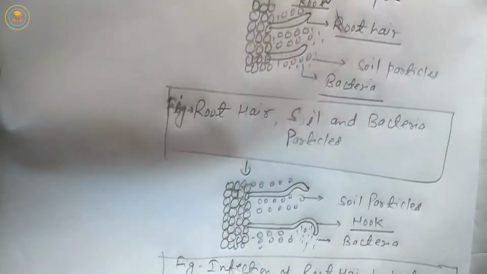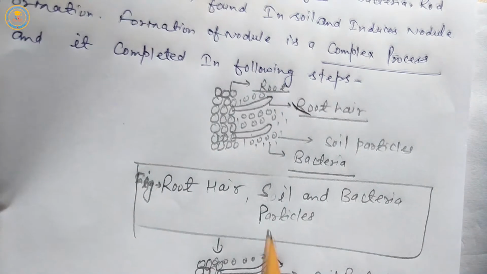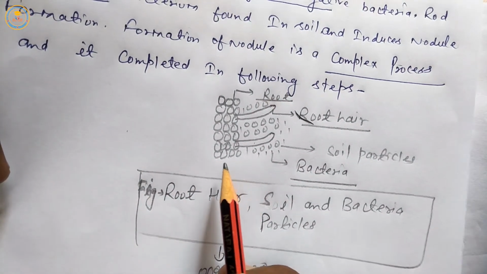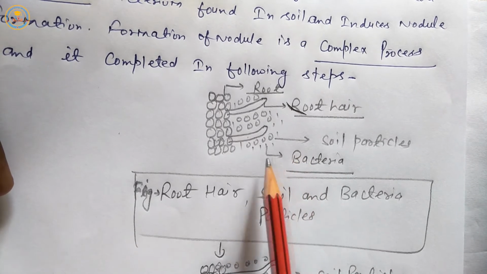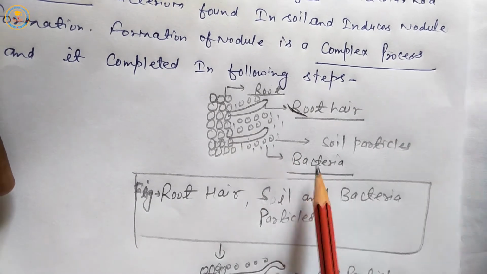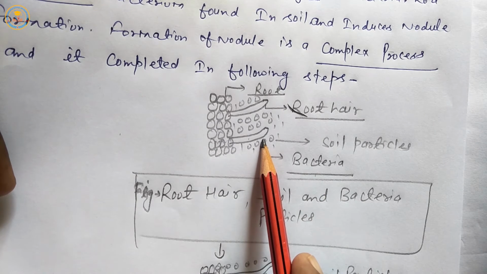Once again, in the first stage the root part of the legume plant secretes a specific glycoprotein lectin, so the rhizobium bacteria are attracted towards the root part.